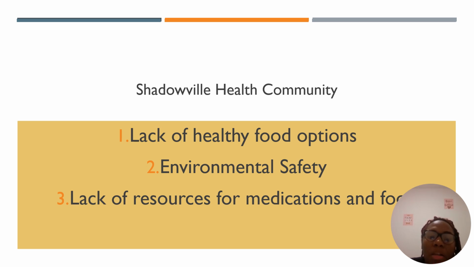The pharmacy was closing down along with the grocery store, and it was only going to be replaced with something similar to a Dollar Tree, but no pharmacy was going to be within that store. So they have a chance of lack of resources of medication and food because of the large grocery store closing and it only being replaced with a Dollar Tree type store.